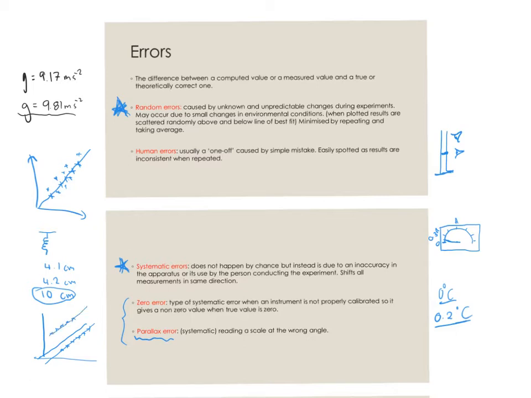So you will have a y-intercept. I will go into that more when we start analyzing graphs and so on. But this shows systematic error if your line is supposed to be going through the origin, or not. So these are the types of errors.